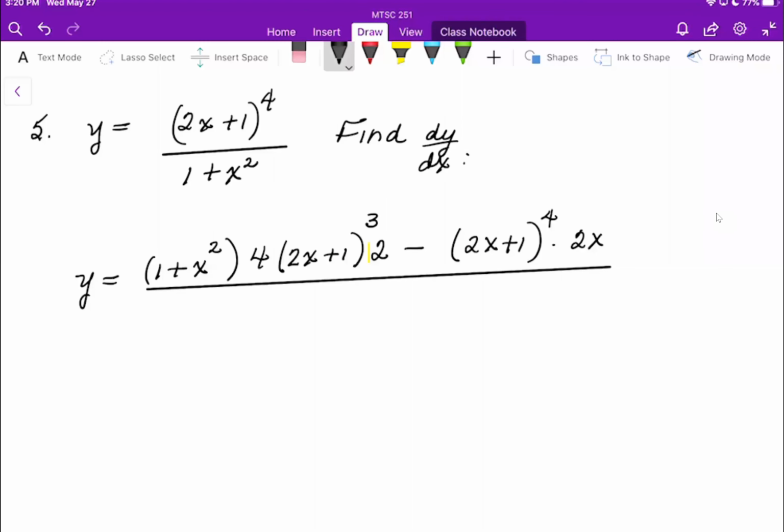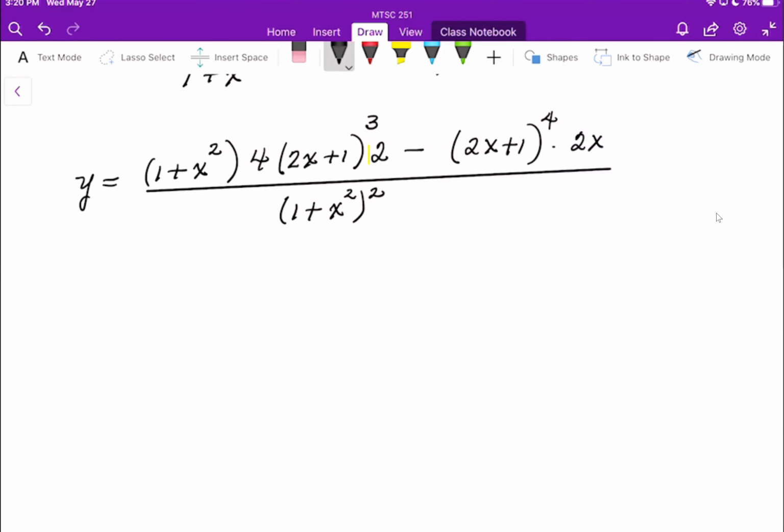Take that whole thing over (1 + x squared) squared. This is y prime. So let's see what we can factor out.